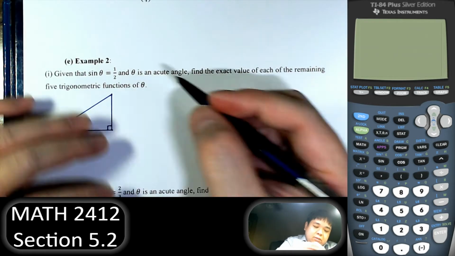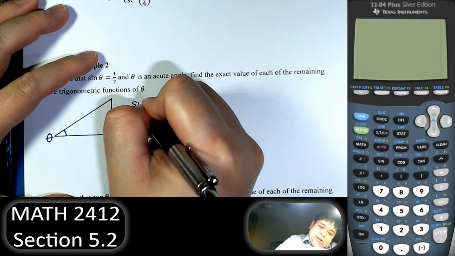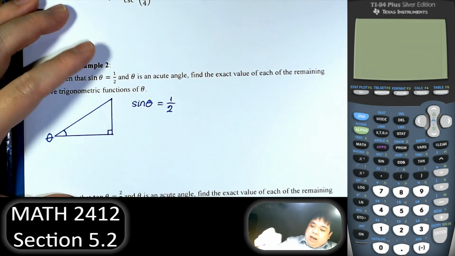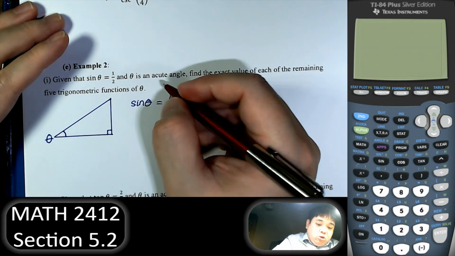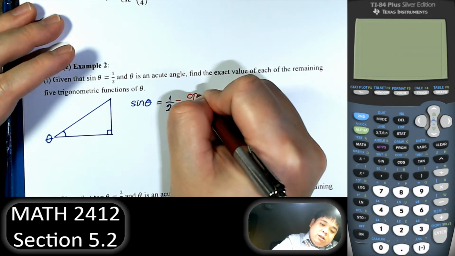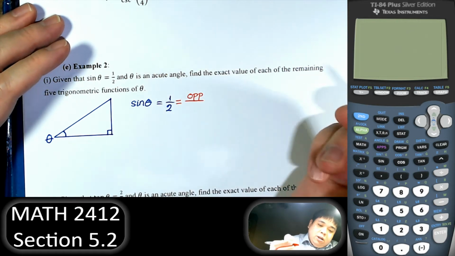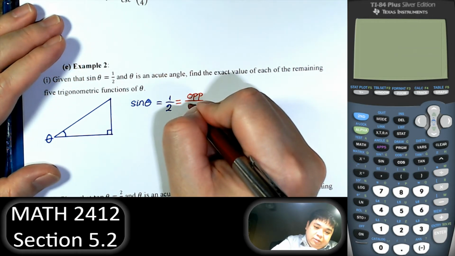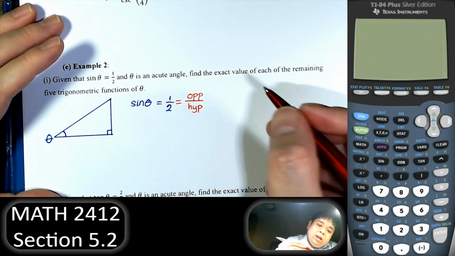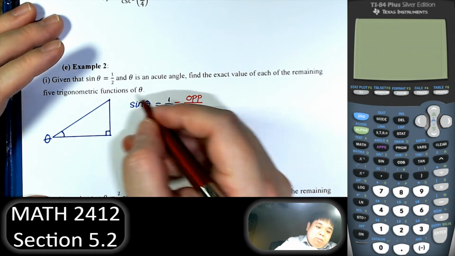So we have sine is equal to 1/2, and by definition of trigonometry of an acute angle, sine is equal to opposite over hypotenuse.